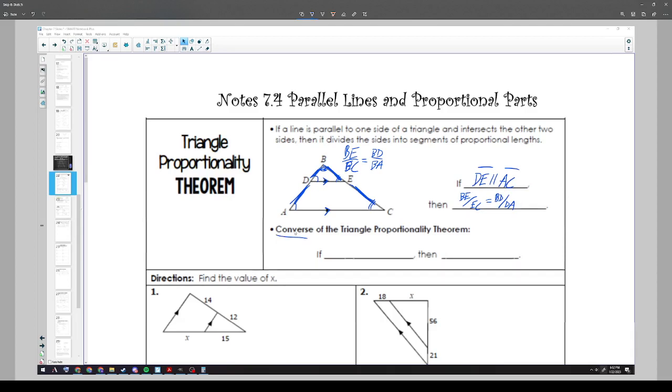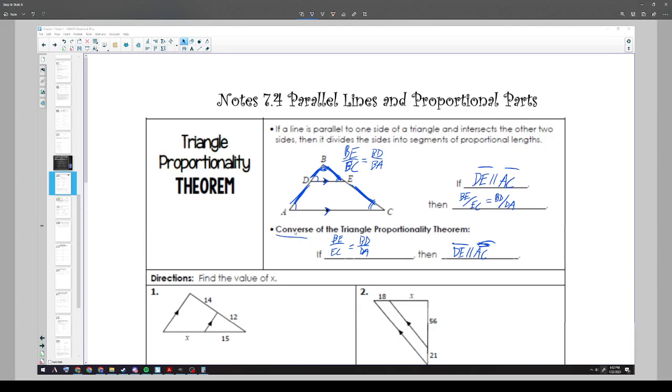And since our converse is also going to be true, that means this is a biconditional. So if we know that BE over EC is equal to BD over DA, then we can conclude that we have parallel segments, DE and AC. So just going the opposite way, we reverse our hypothesis and conclusion.